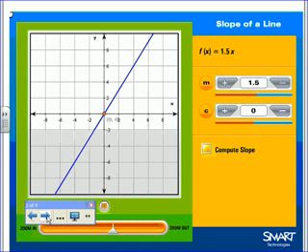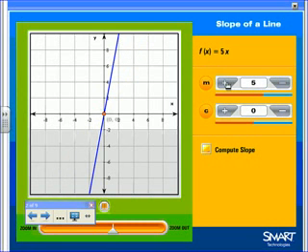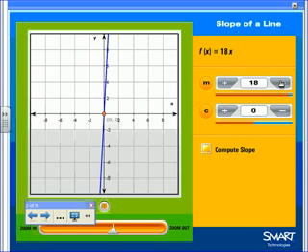Now, this just gives you a little visual of the different, we talked about positive and negative slopes. So the bigger the number, the steeper it gets, until we get a slope of 20, that's kind of the limit there.